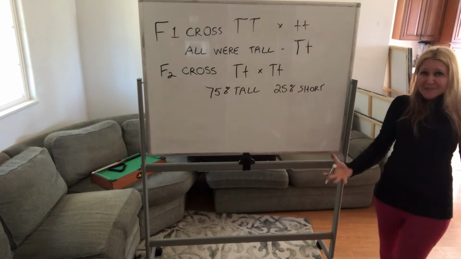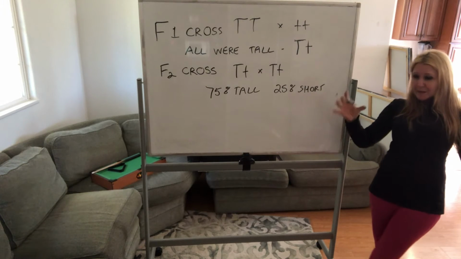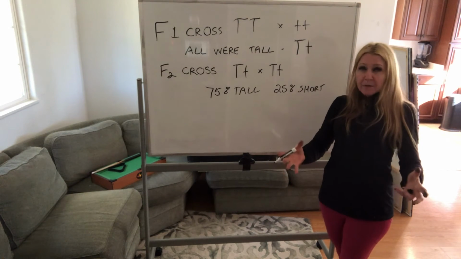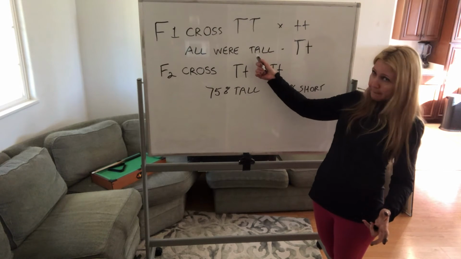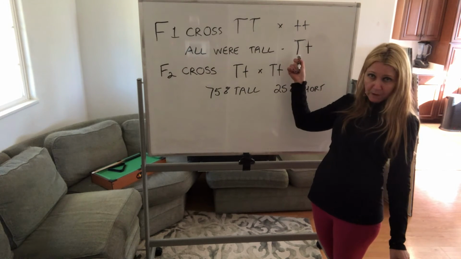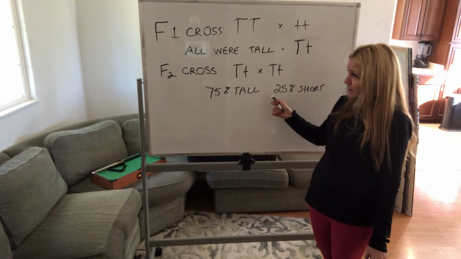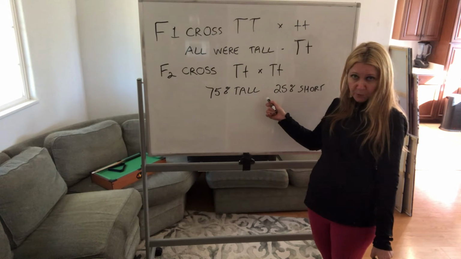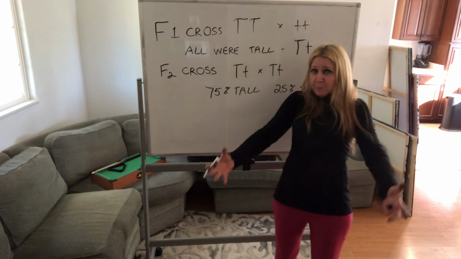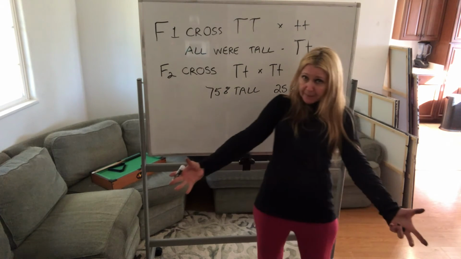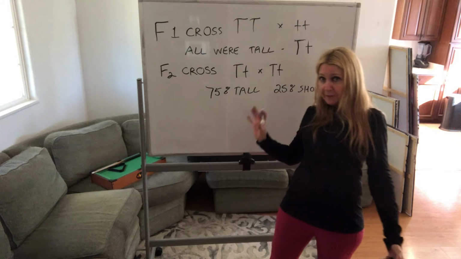I wonder why is that? Something is being passed on in the plant from parent to offspring that didn't show up before. Because the previous cross, they were all tall. But all of a sudden now, 25% are short. So there's some trait, some characteristic for being short that's being passed on. It doesn't show up till later.